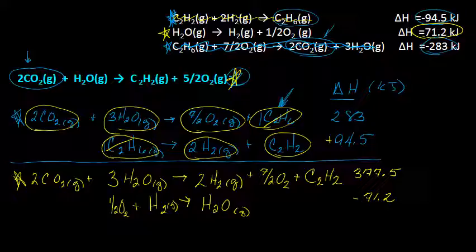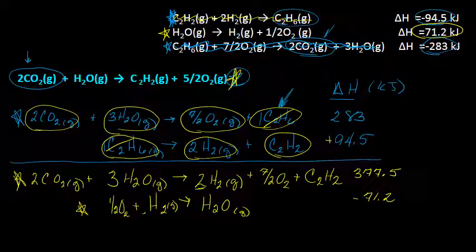No, not quite, for a couple of reasons. The first reason is the oxygens, well, like I said, ignore the oxygens. But the hydrogens have a problem. Here I have 2 hydrogens, and here I only have 1. So if you said multiply this equation by 2, you would be spot on.